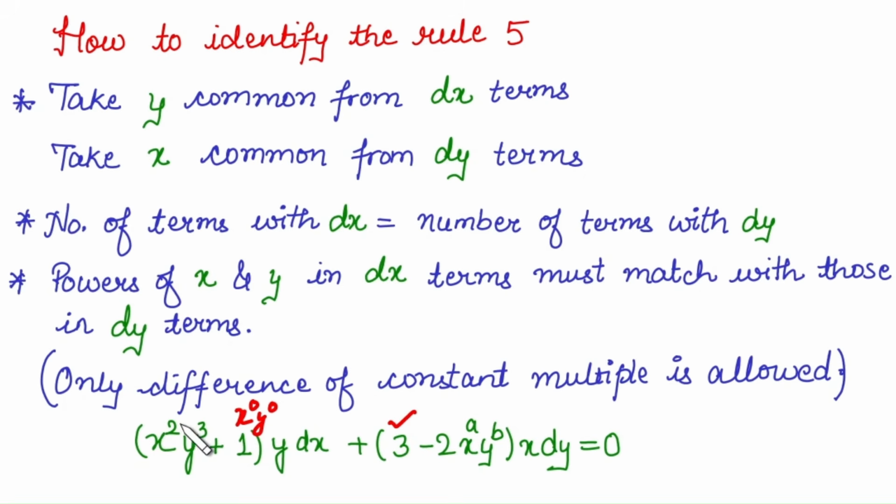Now next we need the power of x as 2 and power of y as 3 in the next term. So right now it is a constant. To apply rule number 5, here the value of a must be 2 and the value of b must be 3. If the values of these two constants are not equal to this, then we cannot apply rule 5.